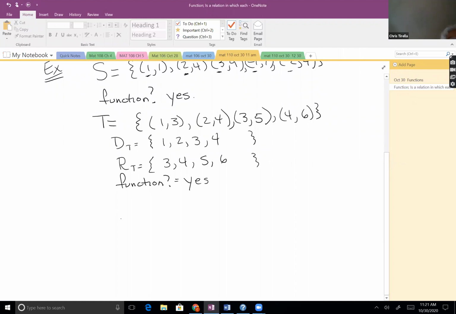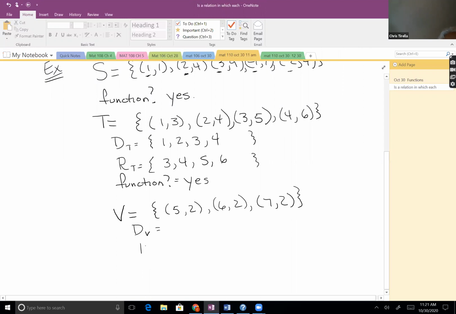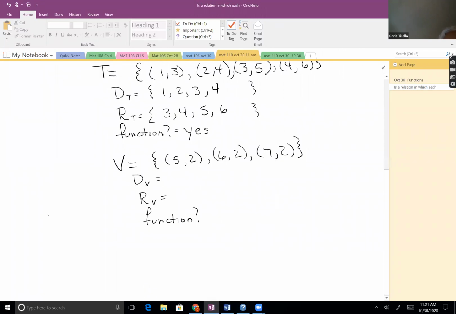Now I want to look at another example. Let V be the set of ordered pairs (5, 2), (6, 2), and (7, 2). I want the domain of V, the range of V, and to know whether it is a function. My x values are 5, 6, and 7, and the range would only be 2.